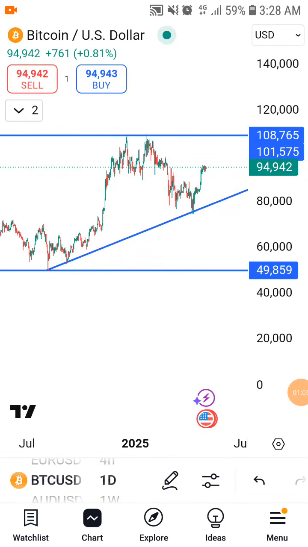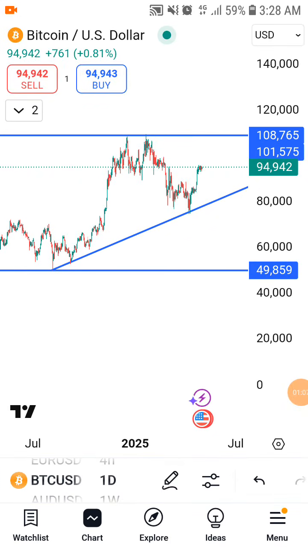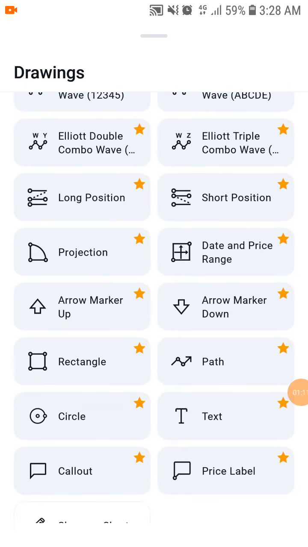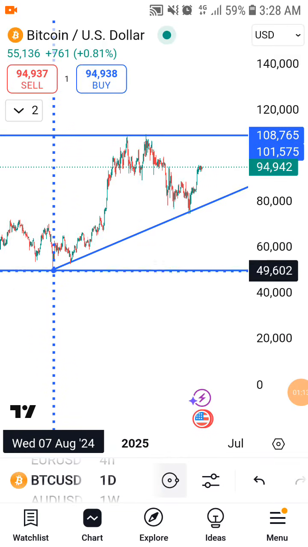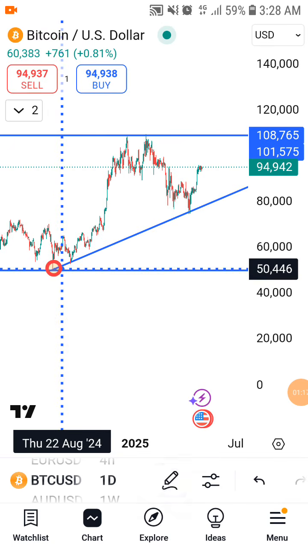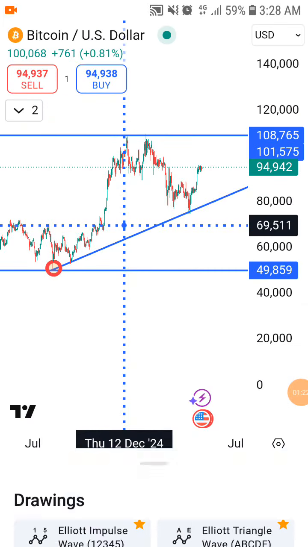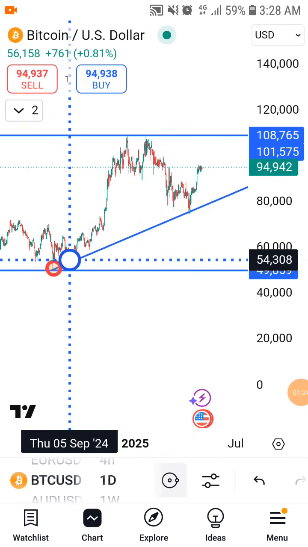Can you see? Looking through this trend line, we have three touches already, a clear and clean three touches. This is touch number 1, and then we have touch number 2 here.